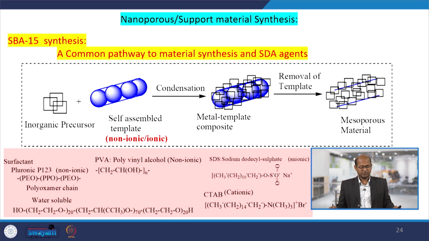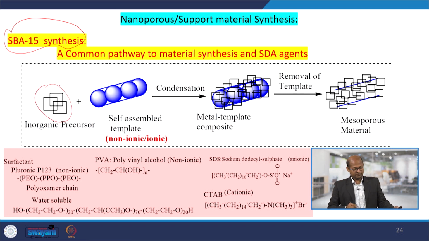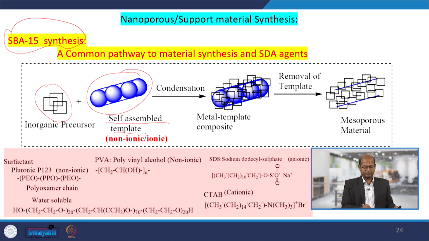So, in the soft templating method, how can we synthesize SBA-15? First, we have to take a precursor for silica, and another one is a self-assembly template, which may be ionic or non-ionic materials. Here we have to use non-ionic materials, that is P123, or PVA we can use.